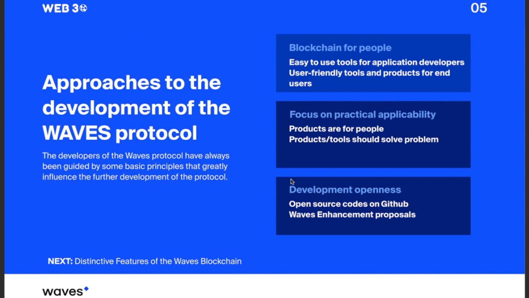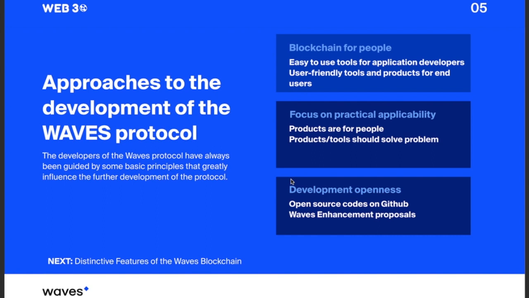So the team had to develop the Waves Signer in 2020, and this Waves Signer enables developers to build apps that run on mobile. So there is a focus on practical applicability. The apps, solutions, and tools should be able to solve a problem, and also a decentralized solution should be open.